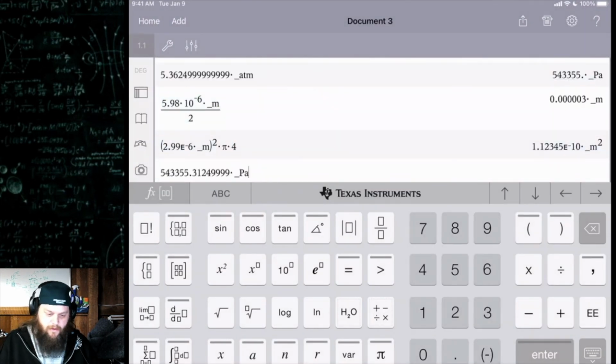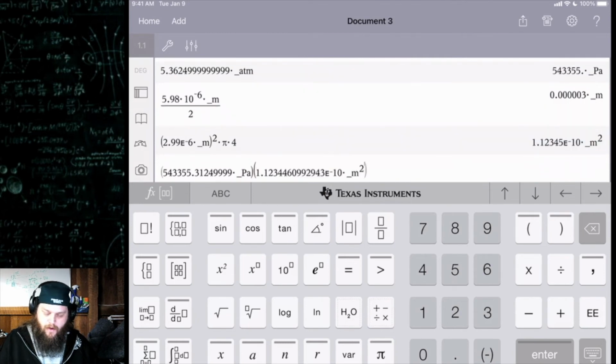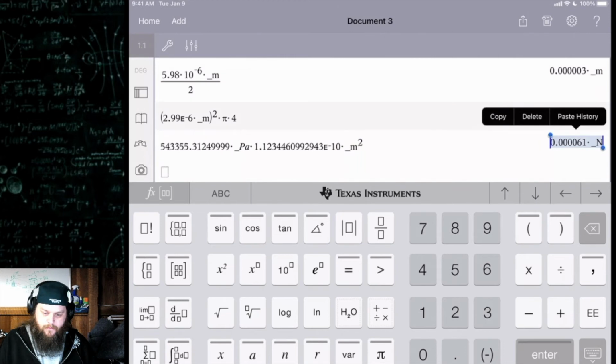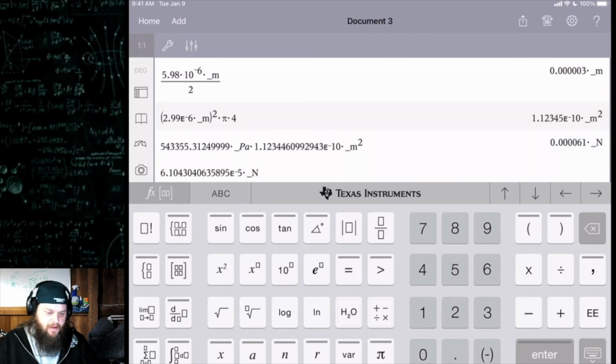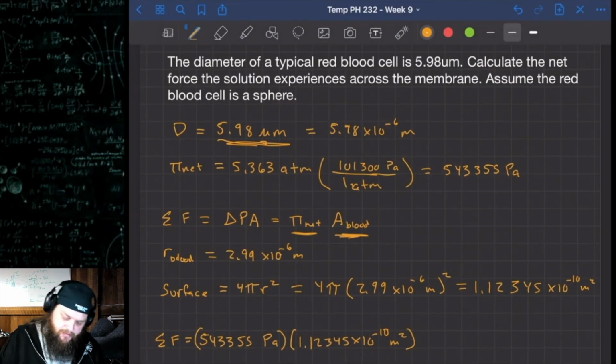So taking our pascals and multiplying by our area, I'm getting 6.1404 times 10 to the negative 5 newtons.